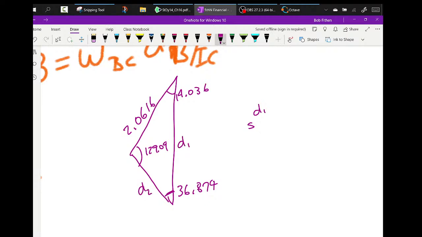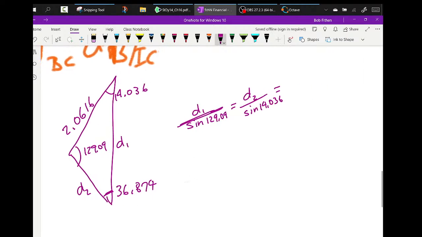We'll call this distance 2. Distance 1 over the sine of 129.09 equals the distance 2 over the sine of, okay, you're looking at the opposing angle from the side, 14.036, equals distance 2.0616 over the sine of 36.874.